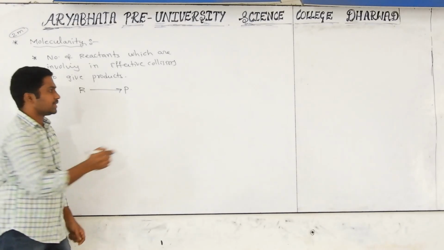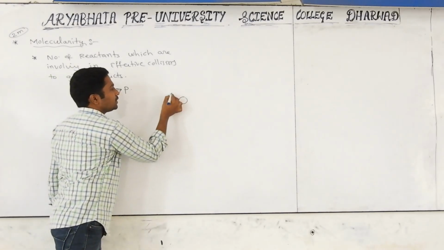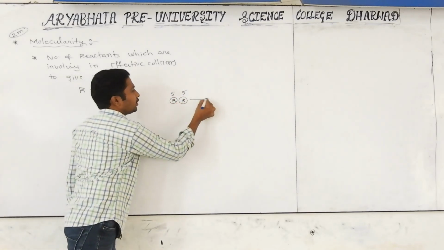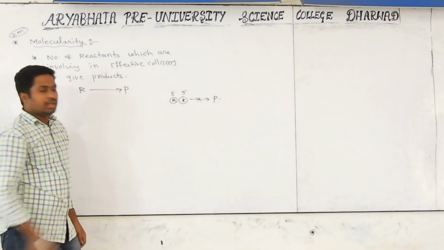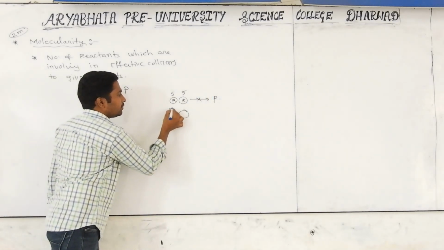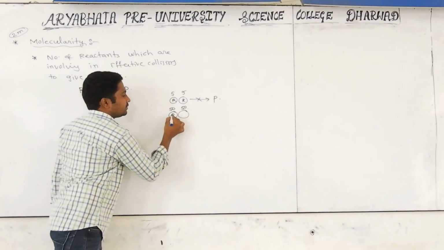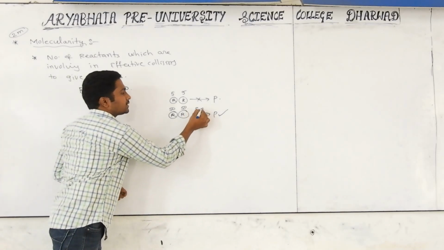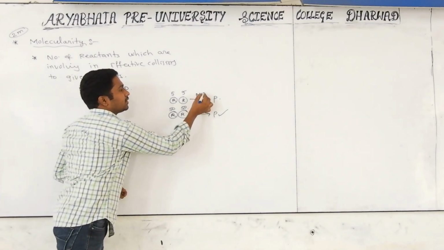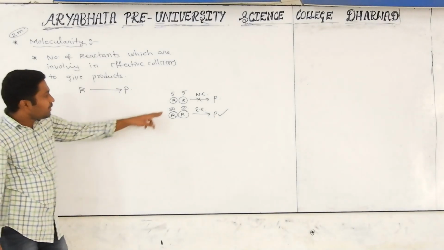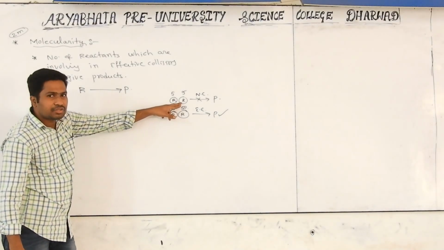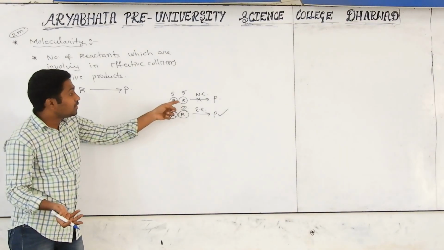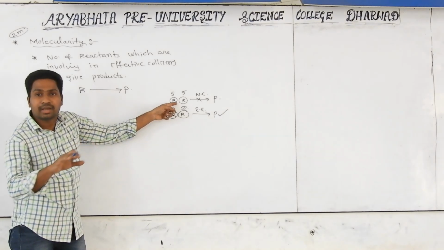I will take one simple example. If you take two particles with 5 kilocalories energy, those reactants will not give the products. If the same reactants collide with 50 kilocalories energy, definitely they convert into products. These collisions we call effective collisions; the others are normal collisions. Why? Yes, they have some kinetic energy and are involved in collisions, but it is useless, because in those collisions the reacting particles do not undergo breaking.